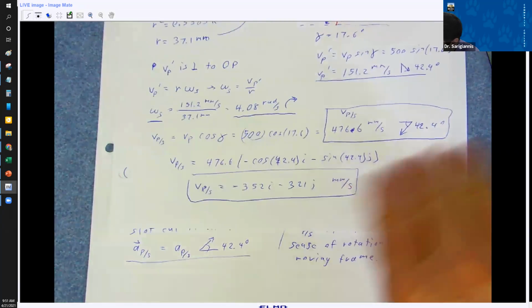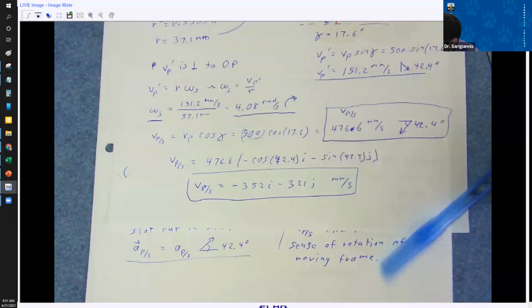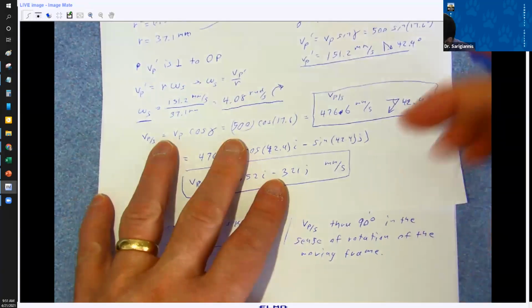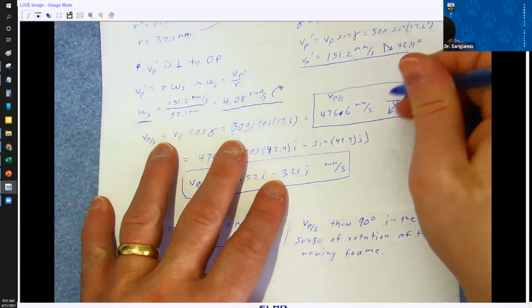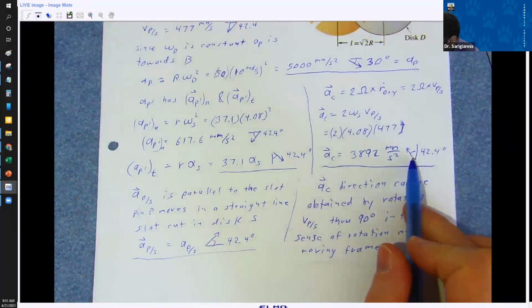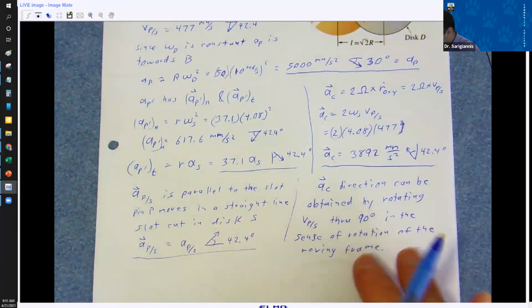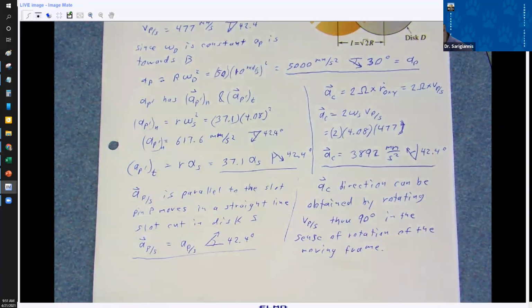So you've got this vector pointing this way, and you're rotating it this way. The frame of reference S is going clockwise. So that's why you're rotating at 90 degrees like that. This is the physical manifestation of the cross product, this statement here.